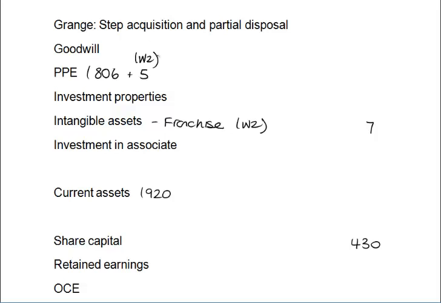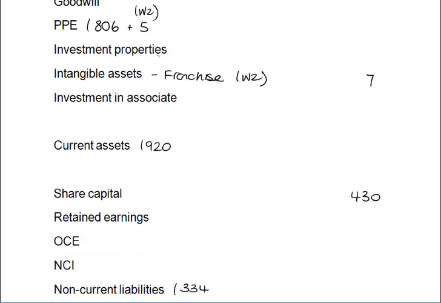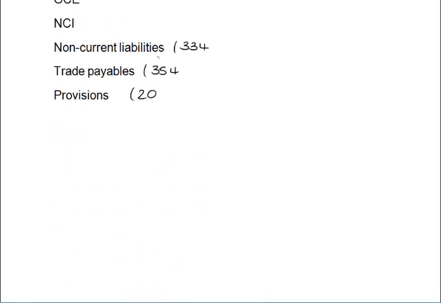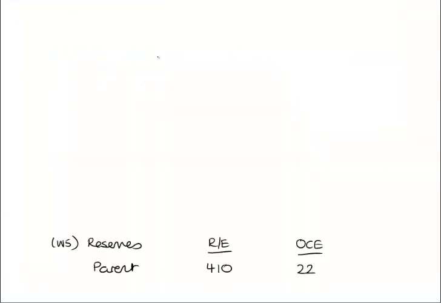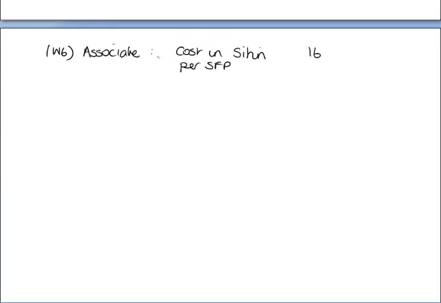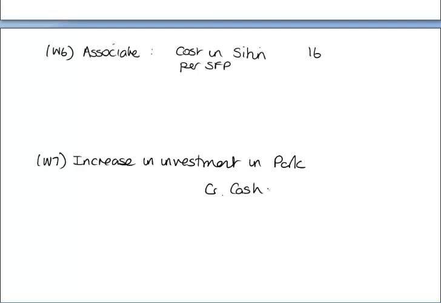At the bottom of note 1, it says Grange acquired a further 20% interest in Park on the 30th of November X9 for a cash consideration of 90 million. So here we've got an increase in an investment in Park, and all I'm going to do is credit cash 90 million.